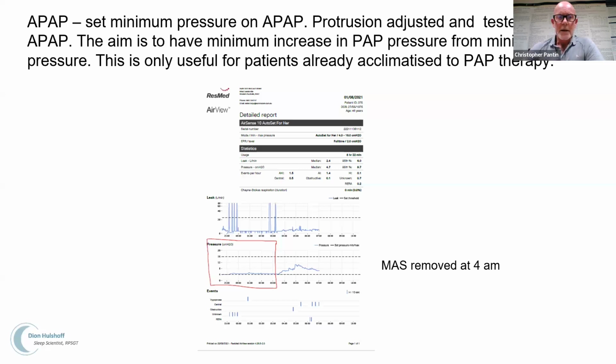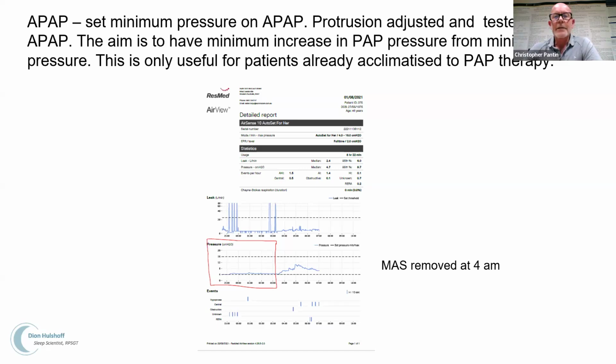In my clinic, we have done a few cases now with patients who were on CPAP successfully, so they had acclimatized to CPAP, using CPAP as an alternate to mandibular advancement, or using the mandibular advancement splint as an alternate to CPAP. We basically use their APAP, their auto-set positive airway pressure machine, to help us determine the protrusion of their splint.